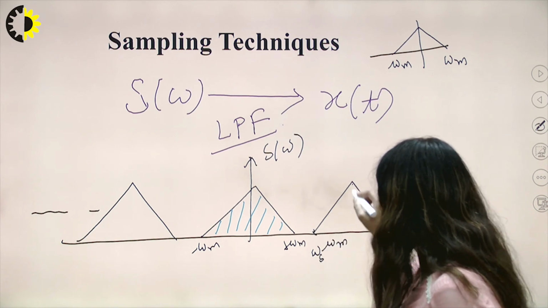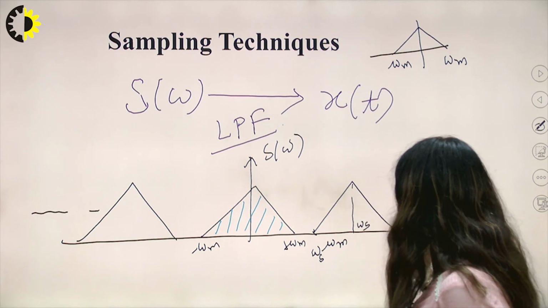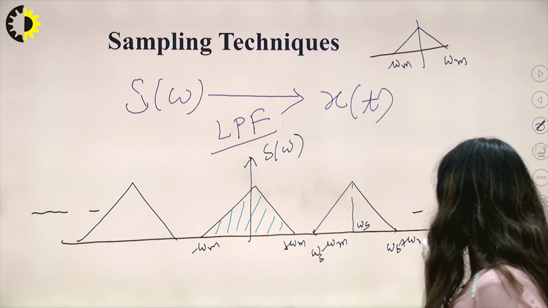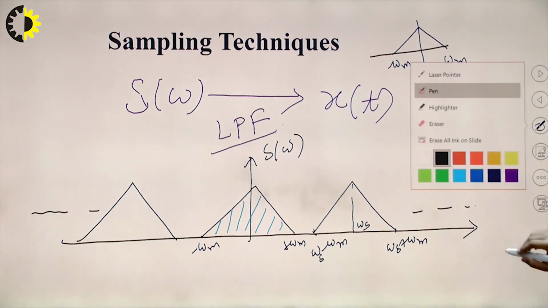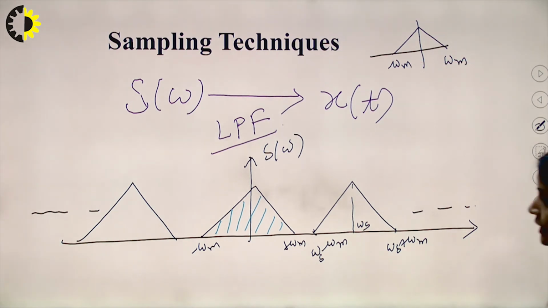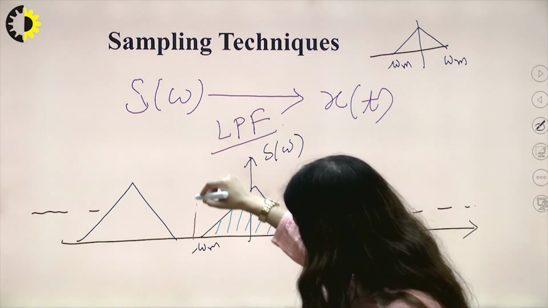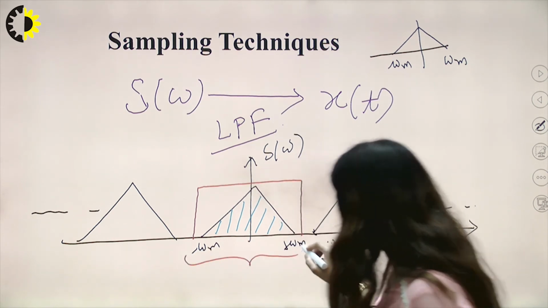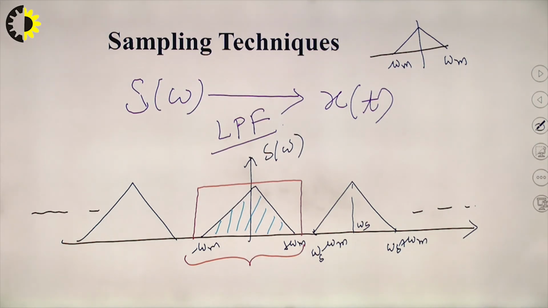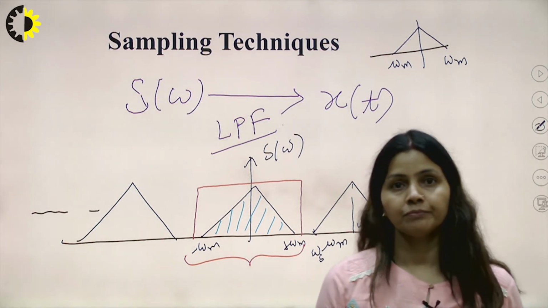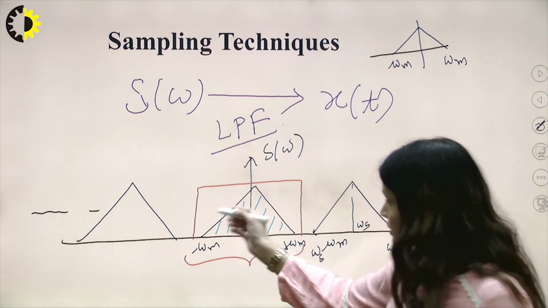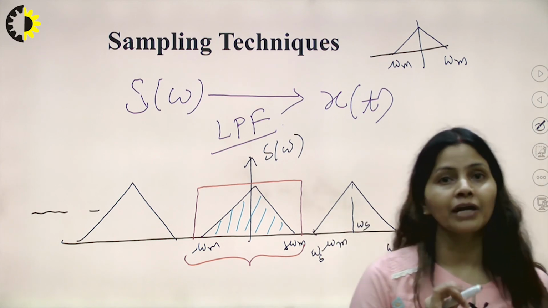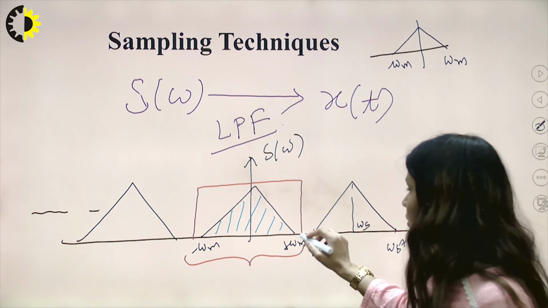So for selecting this low pass filter, I will pass this spectrum for this particular frequency band only. Then I will impose some condition on the cutoff of the filter.